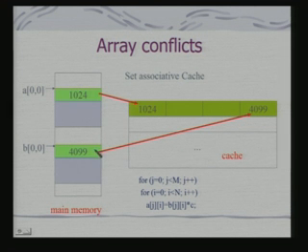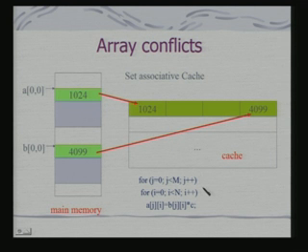When I am accessing B, that same set in the cache gets loaded, with entries at memory locations before B00 and ending in the first location in B00. So, when I am executing this loop, at each and every step I shall have an array conflict and a miss, which is not at all desirable.